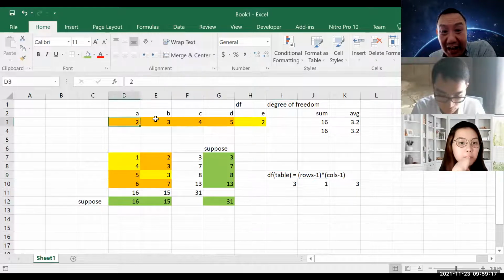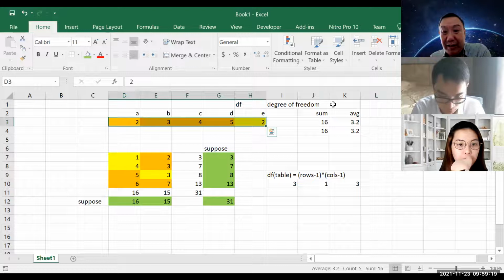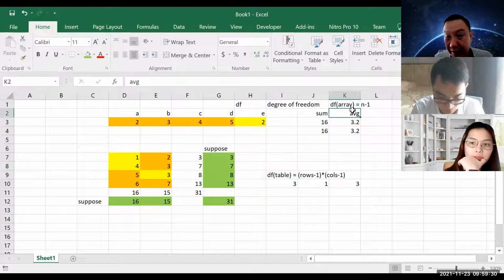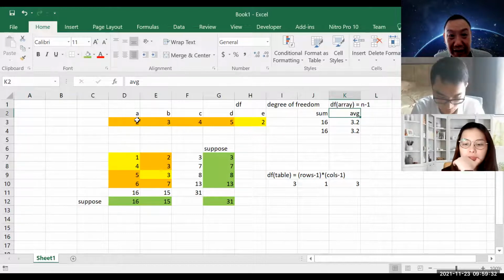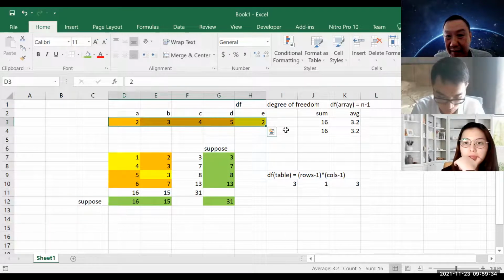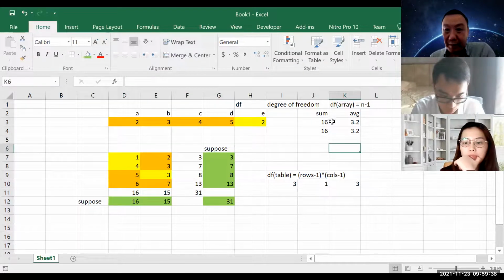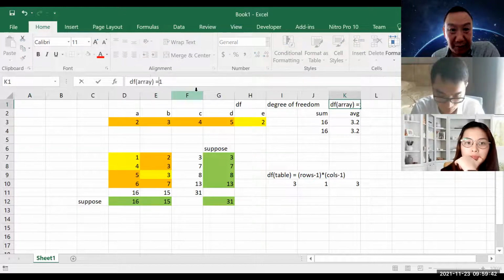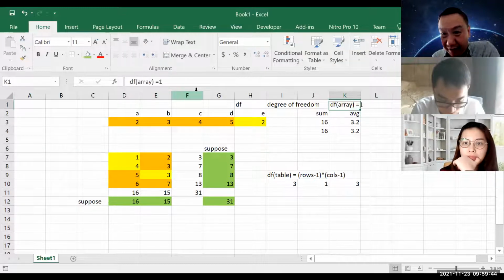Okay. Now, degree of freedom in an array is just df in array. It is just n minus 1. N in here is 5, right? So the df is 1.